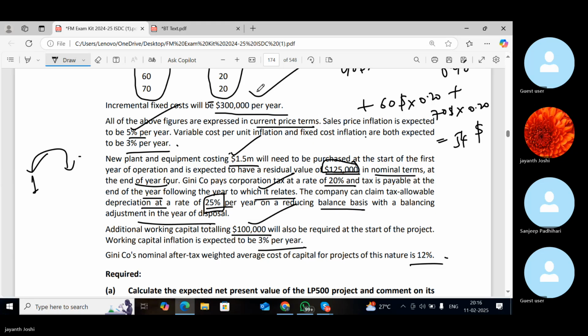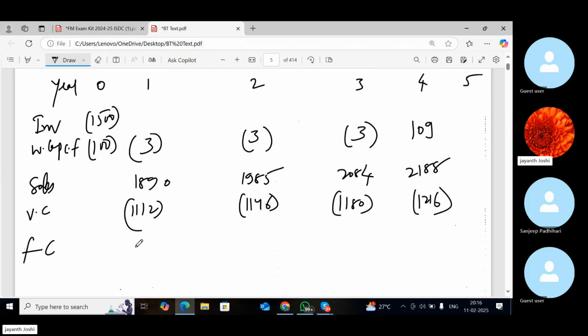And variable cost per unit inflation and fixed cost inflation are both expected at 3%. So we need to do the inflation adjustment. So 300 into 1.03, it's going to be 309. Sorry, I would have done it there, but somehow I thought of doing it here. So 318.